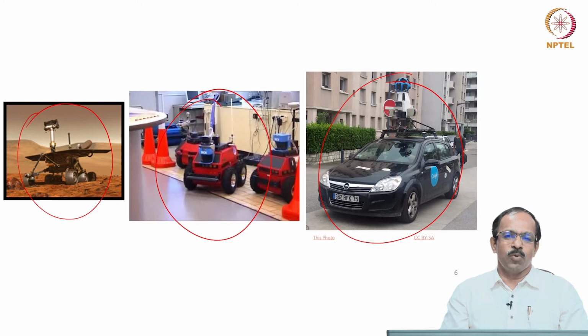So there are a lot of things the robot has to identify from its environment, and this is possible only through sensors and perceiving the environment using the sensor data.